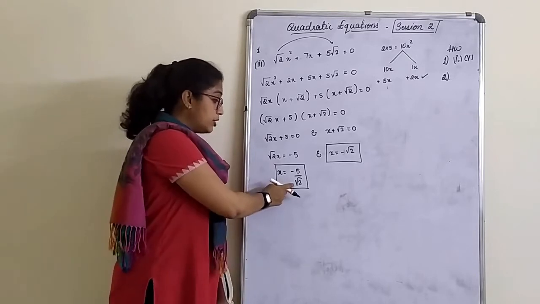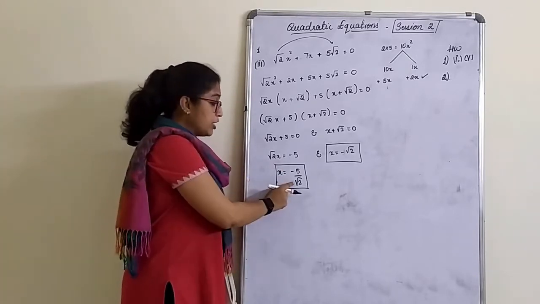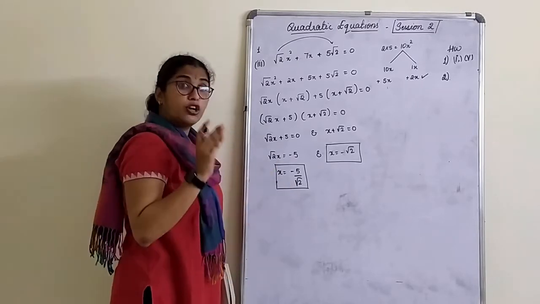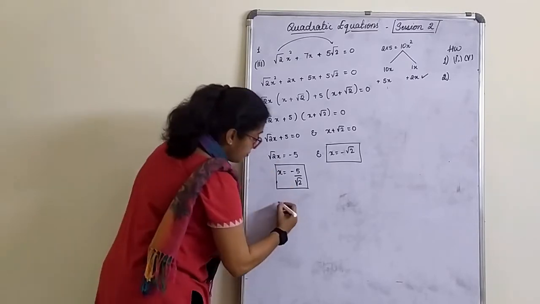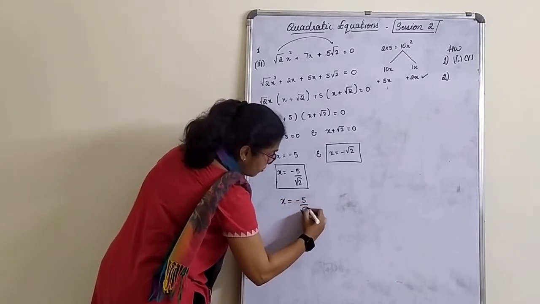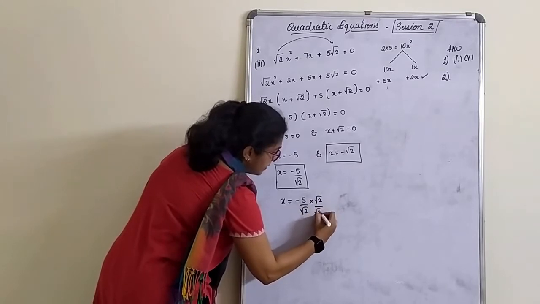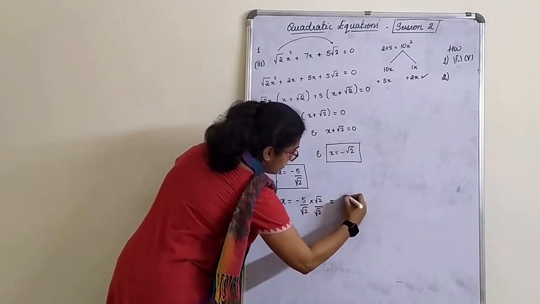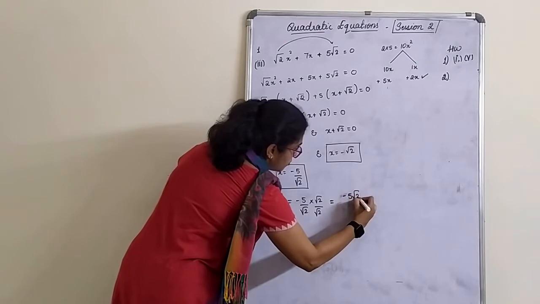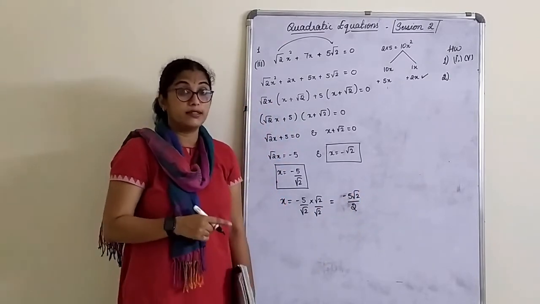Because denominator should always have a rational number, not an irrational number. So what we can actually do, if you want, also that can be additionally done. X can also be written as minus 5 root 2 into root 2 divided by root 2, which is nothing but minus 5 root 2 divided by 2. It can also be written.